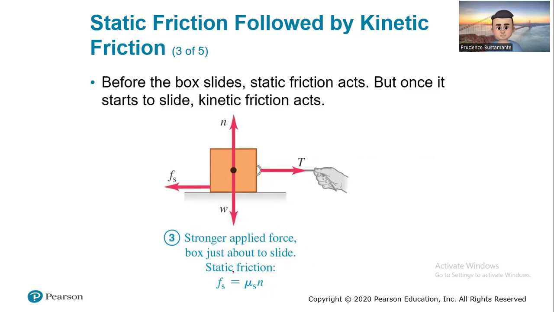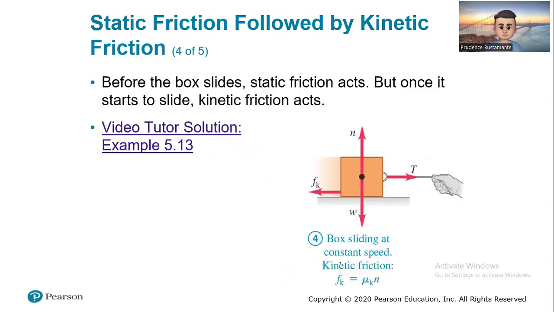However, if you apply a stronger force, at the moment the box is just about to slide, the value of the static friction is equal to the maximum value, which is equal to mu sub s times n. When the box is sliding at constant speed, then the kinetic friction is the one acting, which is equal to the coefficient of kinetic friction times the normal force.